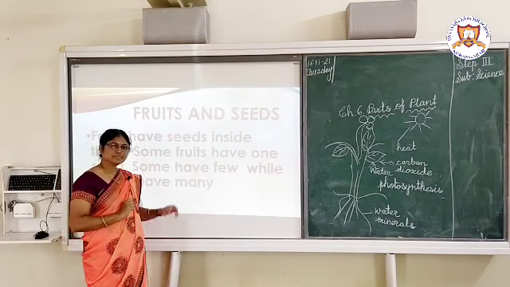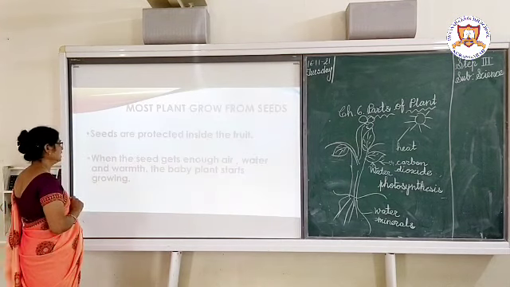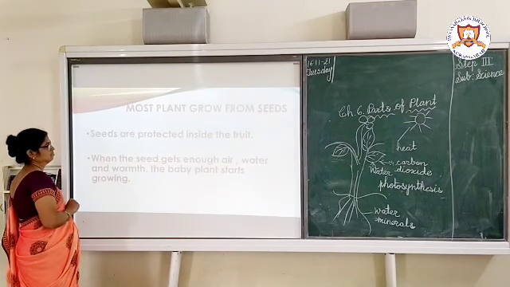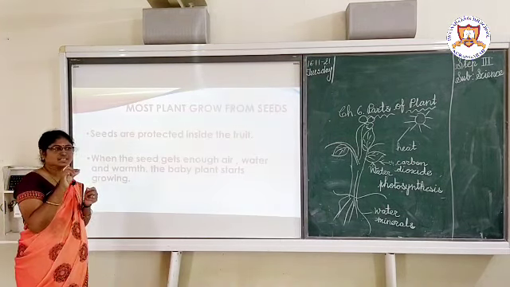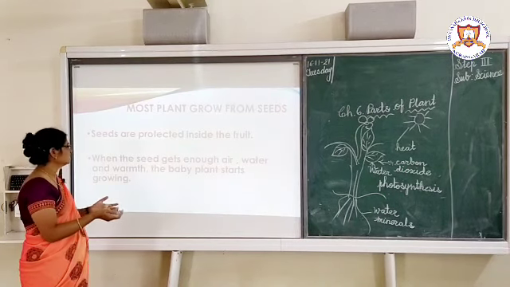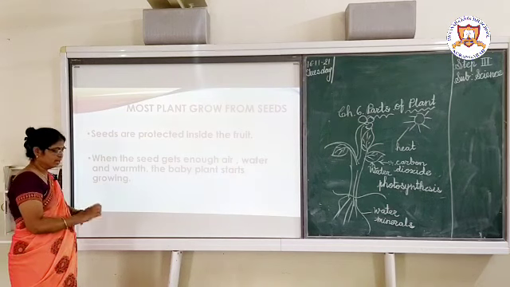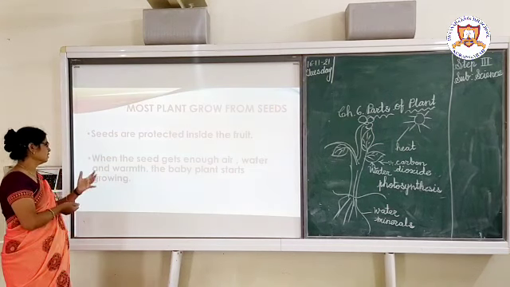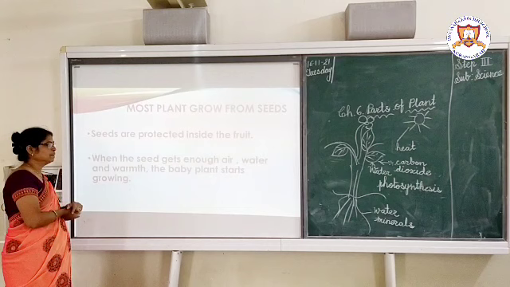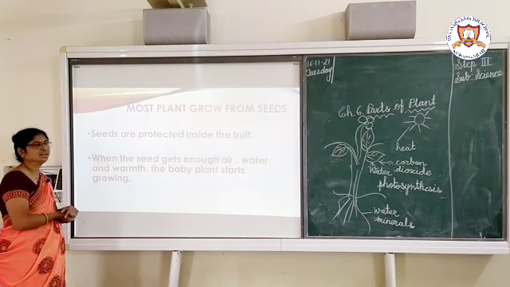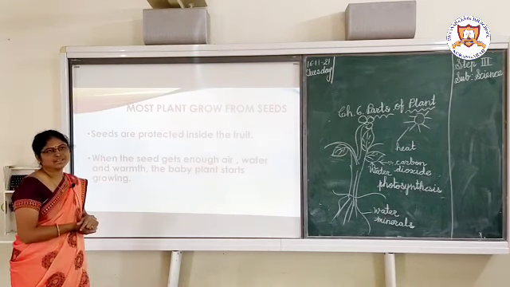And the baby plant is protected inside that seed. Whenever you sow that seed in soil, and it gets enough air, water and warmth, the baby plant starts growing and you can get new plants.